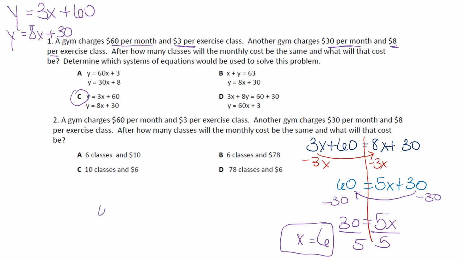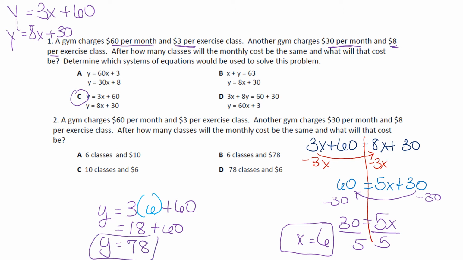So if I had y equals 3, plug in the 6 for the x, plus 60. 3 times 6 is going to be 18, and 18 plus 60 would be 78. So they're going to be the same when you have 6 classes at a total cost of $78. So that would be B.